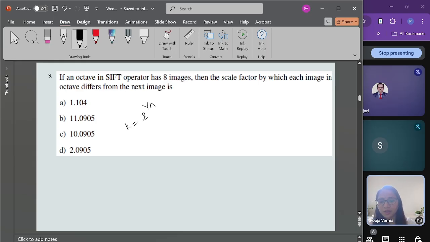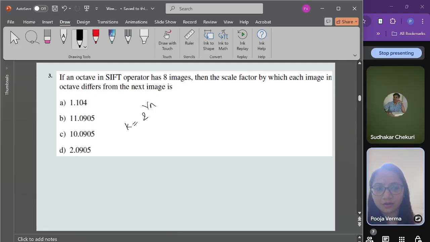So the shift in an octave span is scaled by 2.